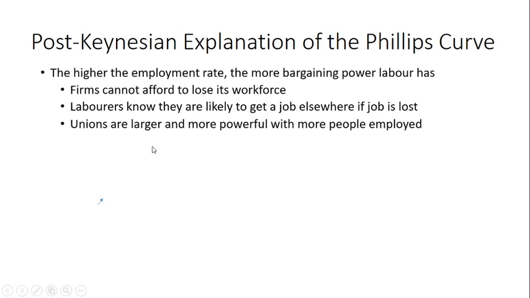Okay, so the post-Keynesian explanation of the Phillips curve is simply that, well, the higher the employment rates, the more bargaining power labor has. Sorry, let me explain why I say that. Well, firstly, firms cannot afford to lose their workforce if the employment rate is really high.